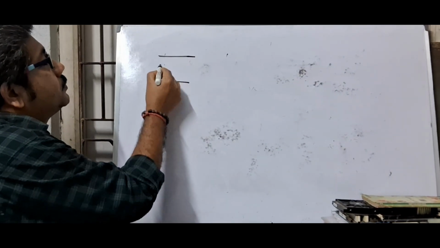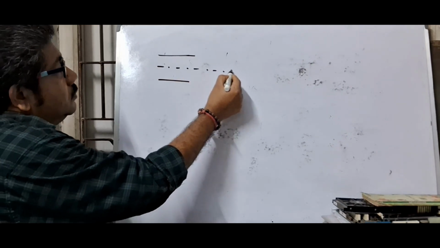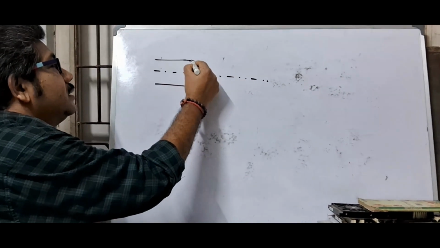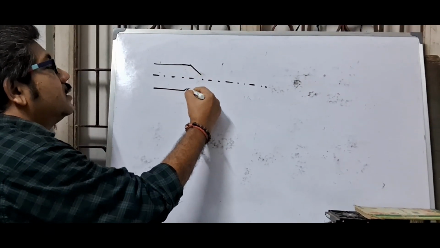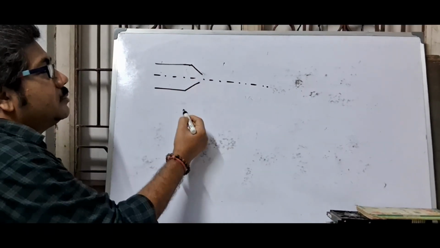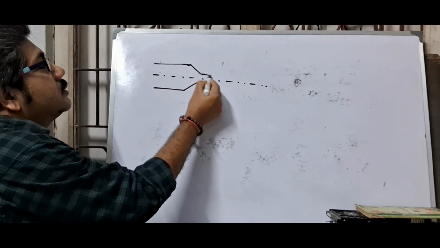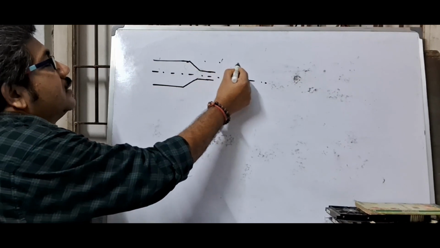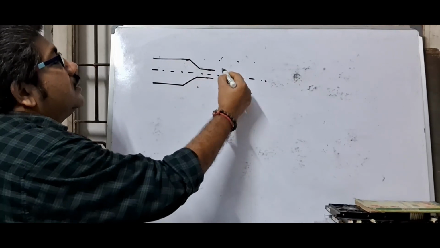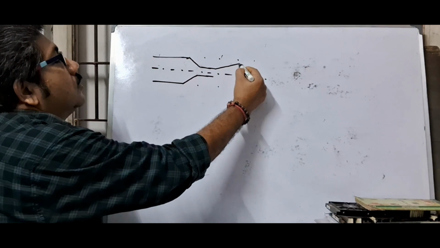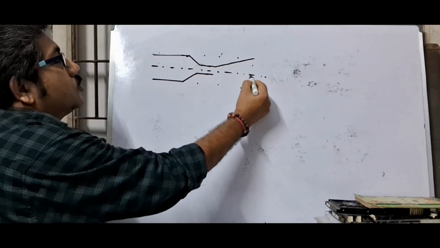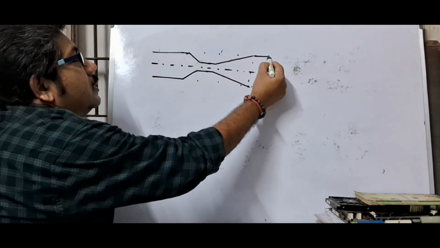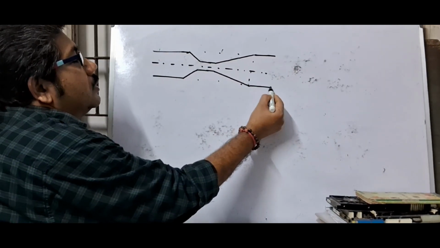This is center line, and here this is Venturimeter. This is converging portion. This is throat, and this is diverging portion. And here this is pipe.